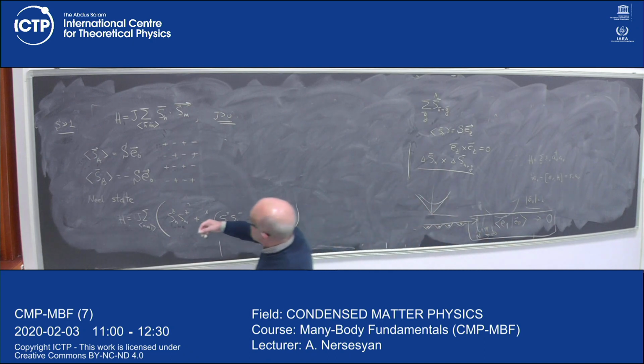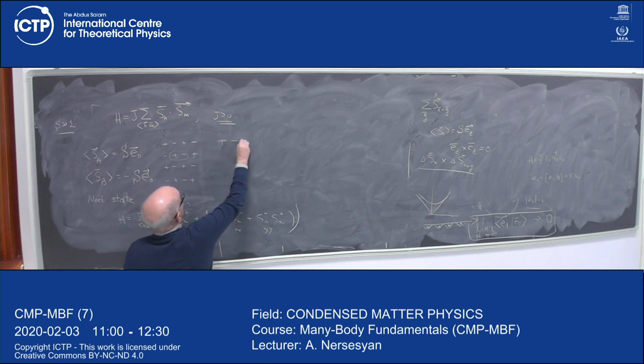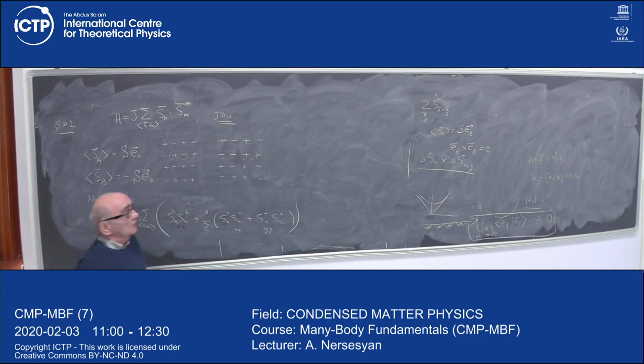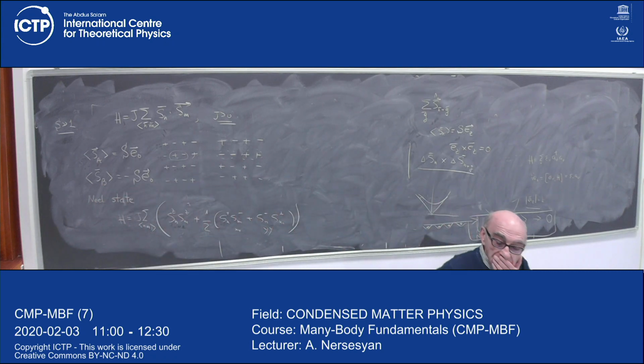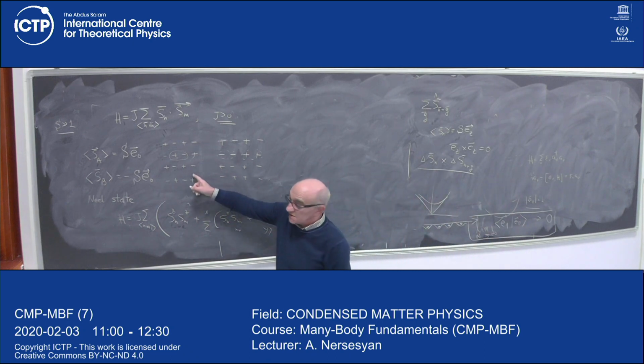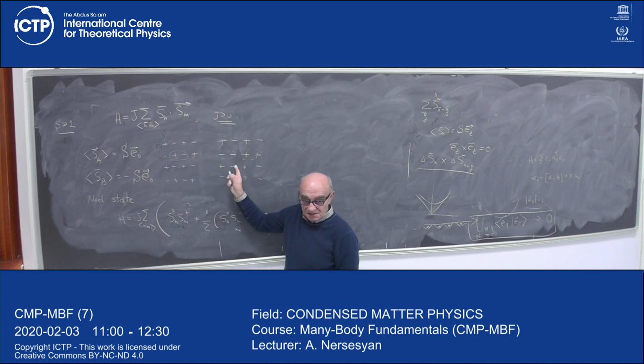But here I can imagine that if I take, for instance, this pair, what I will obtain is this configuration. You see? I will create two wrong pairs of the spins. Which means that if I build up by hand such a state, it cannot be an eigenstate of this operator, because this operator acting on this state creates this state.